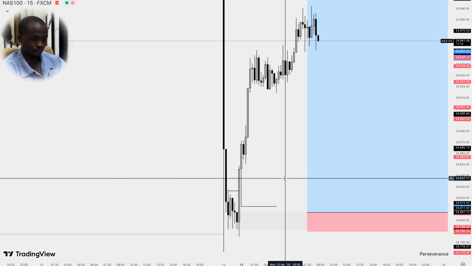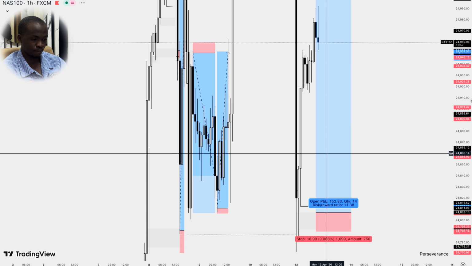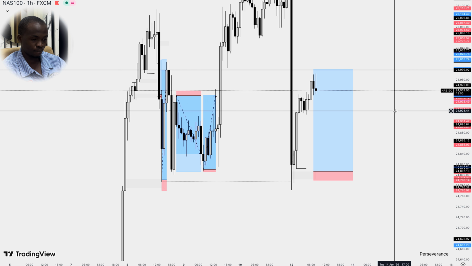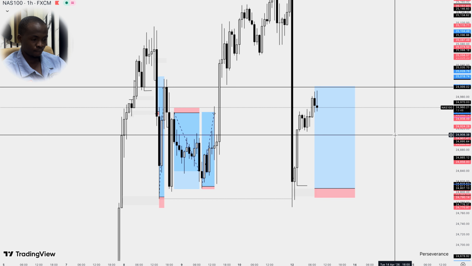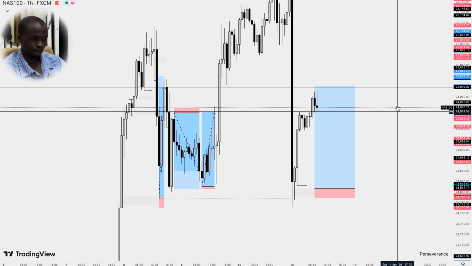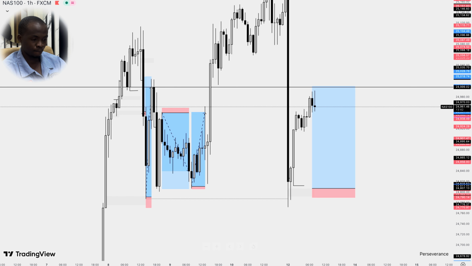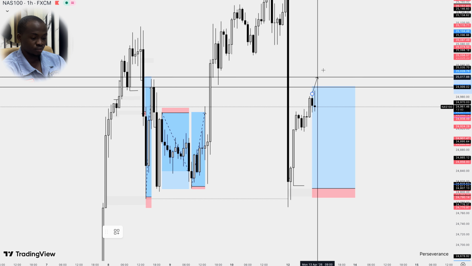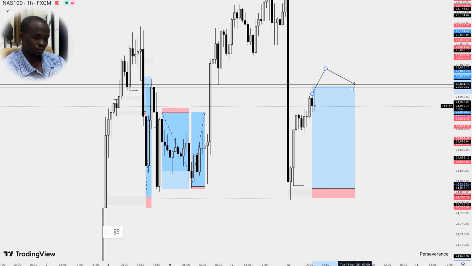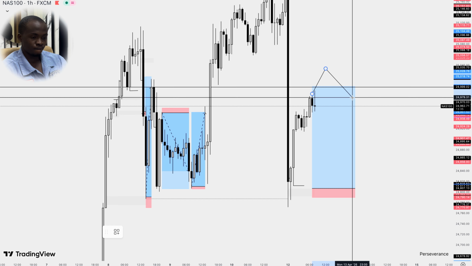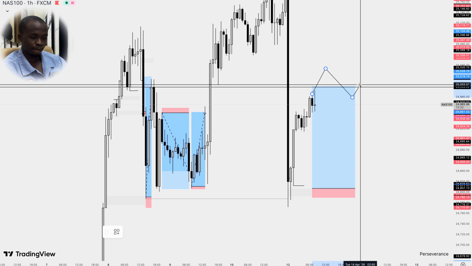Now the only scenario where I will start to take trades from another point of interest is when, for example, the market does something like this. We have price tap into this resistance level, and the market comes back to a support level and creates a new point of interest.